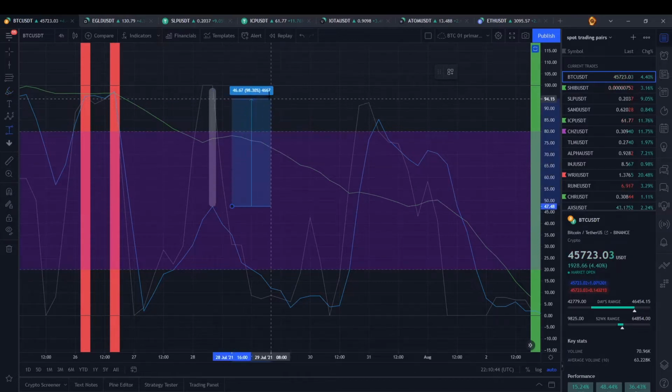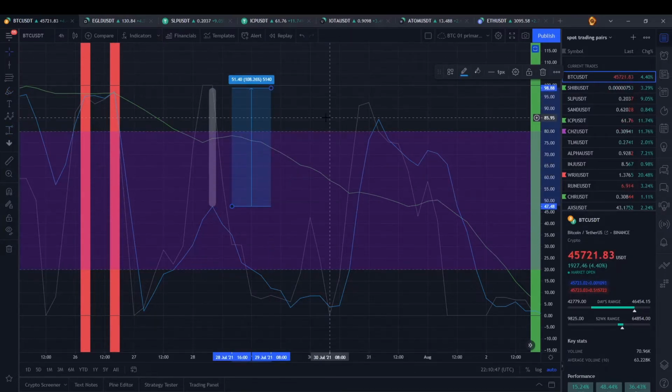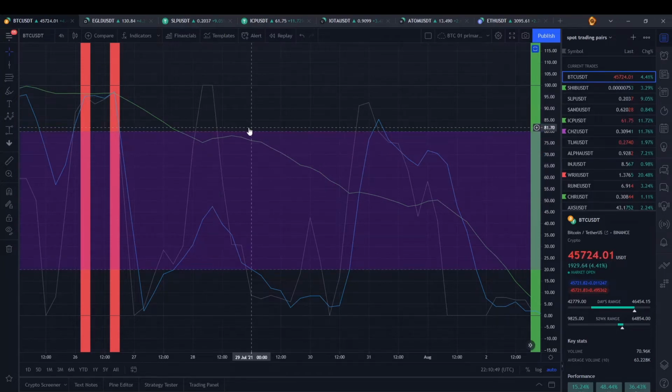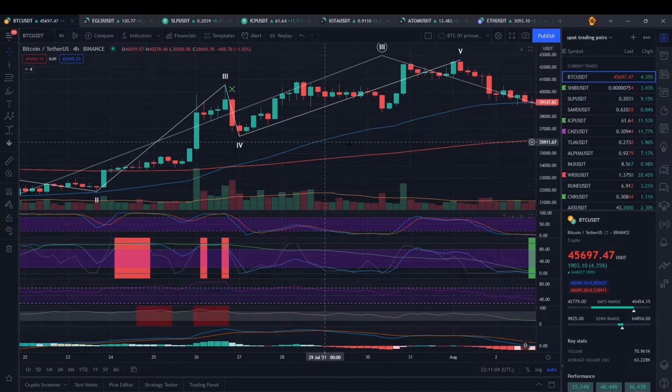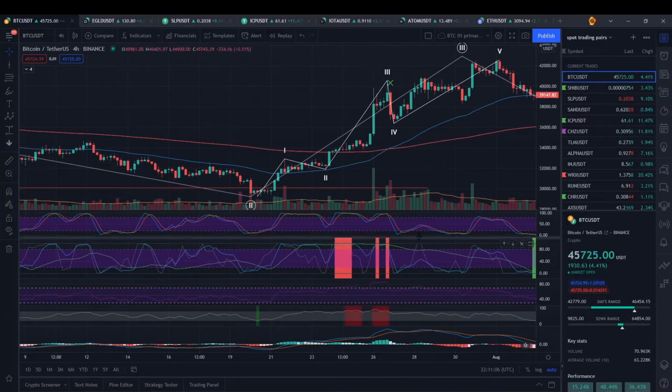Here, for example, there's a difference of 50, almost half of the RSI. When that happens, usually it is an indication that we're making a weak move, or a fake out.